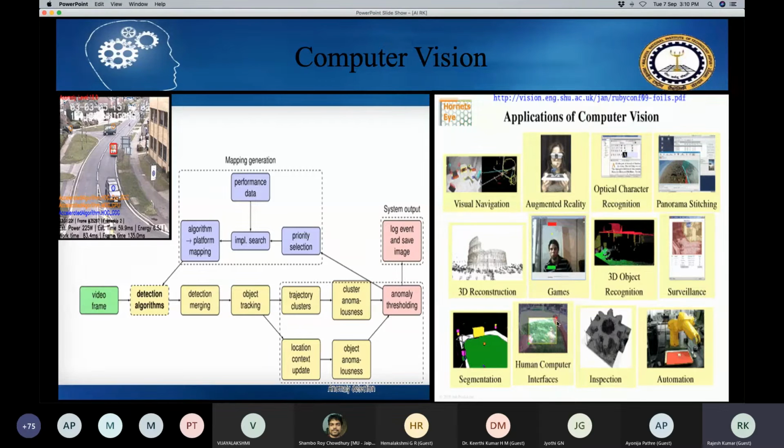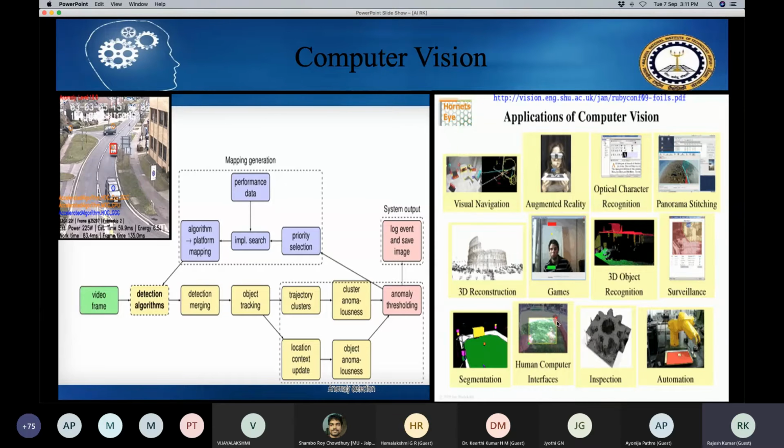And on the left hand side, you can see video frames coming in. We use certain kinds of detection algorithms, then we merge them, then we try to track the object, and then we do a lot of things from there. Many applications. If you have thermal cameras, you can find out the body temperature and do auto tagging of the temperatures. You can have tagging of vehicles.